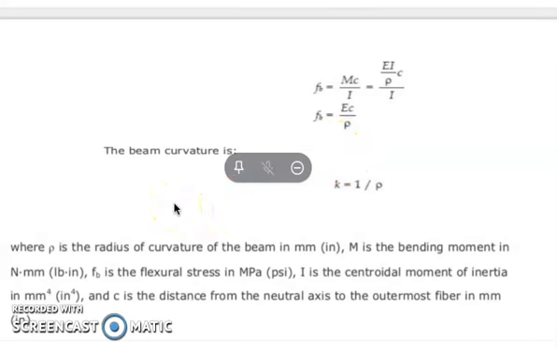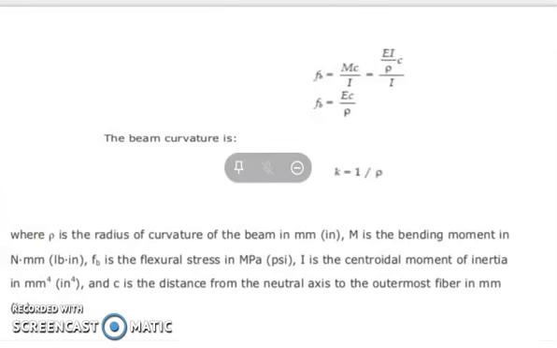Take note that rho is the radius of curvature of the beam in millimeters. Our M is the bending moment in newton-millimeters. Our F sub b is the flexural stress in megapascals. Our I is the centroidal moment of inertia in millimeters to the fourth, and our c is the distance from the neutral axis to the outermost fiber in millimeters.